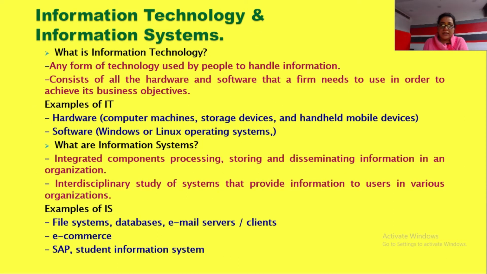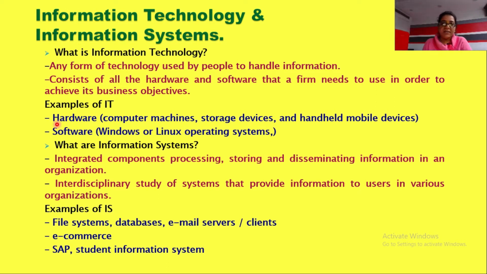So firstly, let's talk about the information technology and information systems, that how they are actually different. Whenever we talk about information technology, it means we are talking about all those tools, that is hardware, software, which are used in combined manner to get the work done from the systems or the computers, so that the desired objectives or the desired goals of any organization can be achieved.